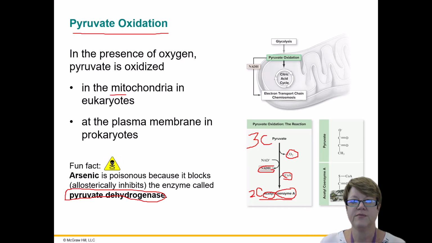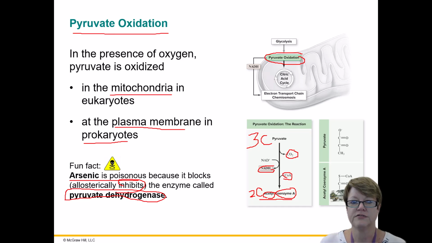For cells that have mitochondria, as I mentioned before, this happens inside the mitochondrion. But for cells that don't have a mitochondrion, it can still happen inside the cell, and so prokaryotes would be an example of that. They don't have mitochondria. And a little fun fact, arsenic is a poison because it's an inhibitor of the enzyme that catalyzes this step, which is called pyruvate dehydrogenase.